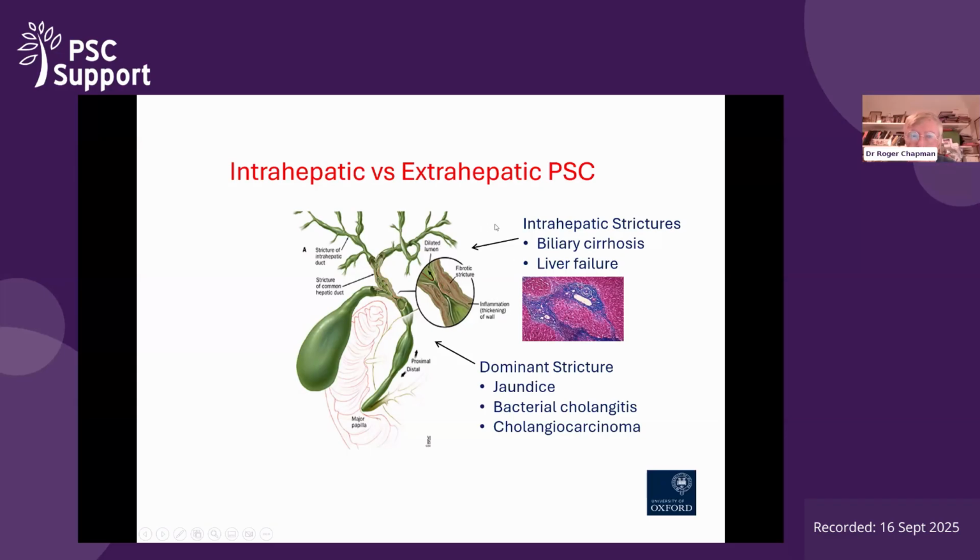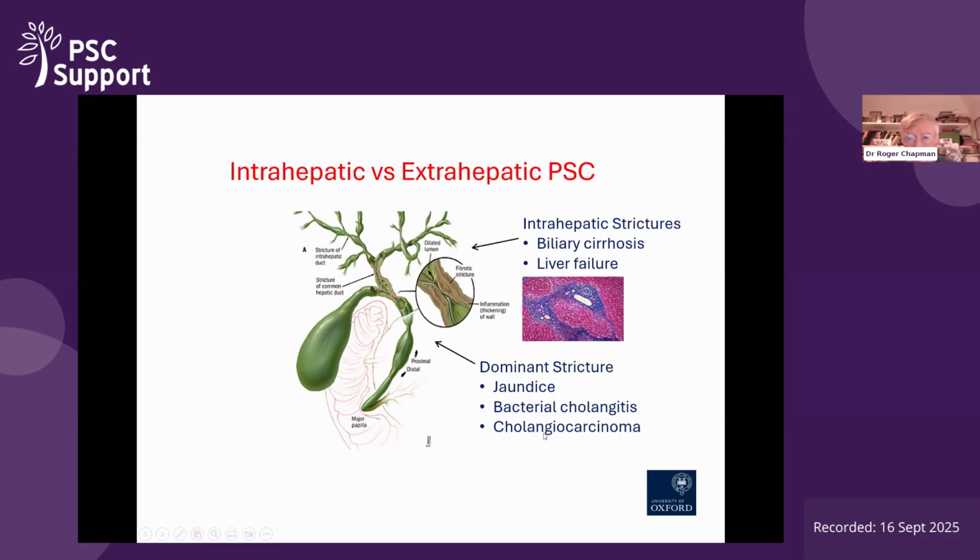If it's intrahepatic with a sparing of the extrahepatic bile ducts, you will get progressive liver disease, usually, not always, but usually, which can cause biliary cirrhosis, liver failure, and require liver transplantation. In the lower duct, as I already mentioned, you have a so-called dominant stricture, which completely blocks the flow of bile. In that situation, you get jaundice, bacterial cholangitis, which is a biliary infection, which is actually really quite uncommon, but certainly can happen and can be a difficult complication.